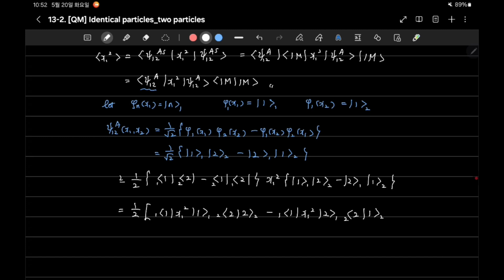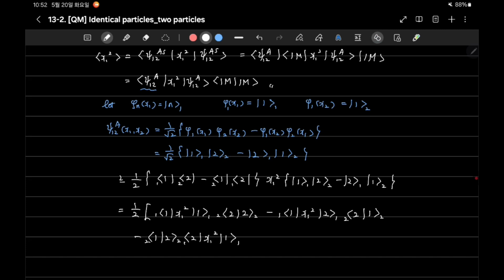And the third one is applying this one, then minus 2 1, 2 2, and 1 2, x1 square, 1 1, because x1 is at one state at x1.